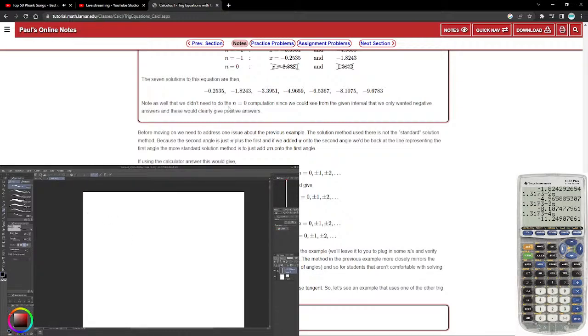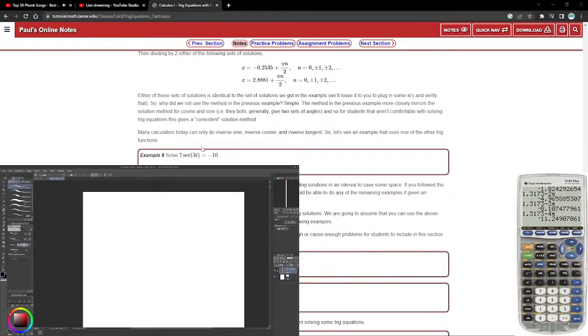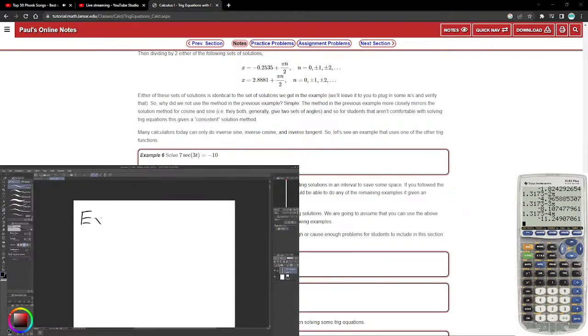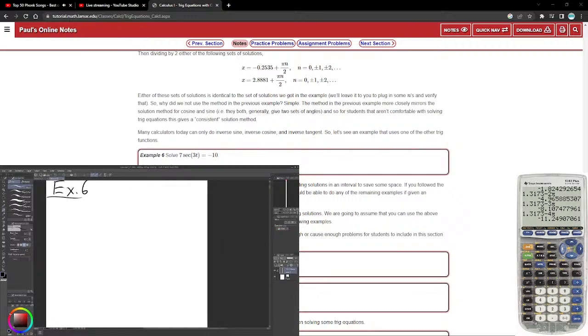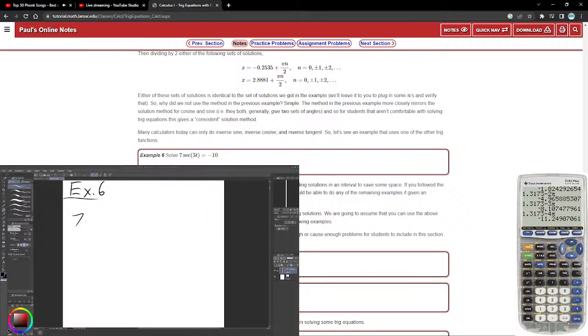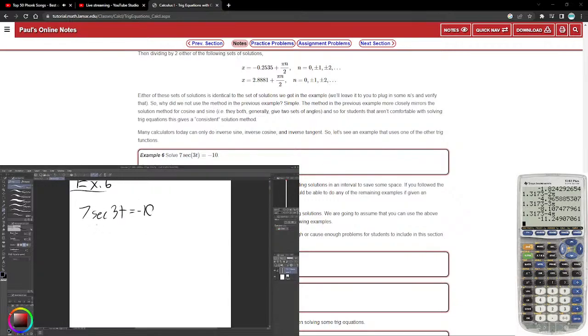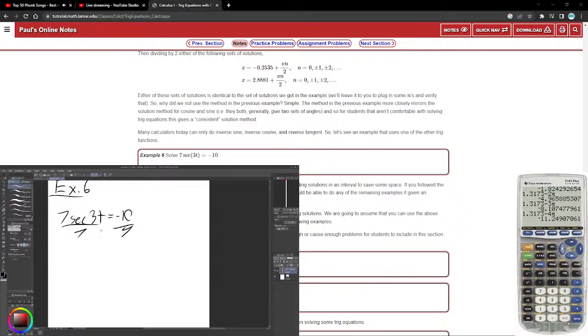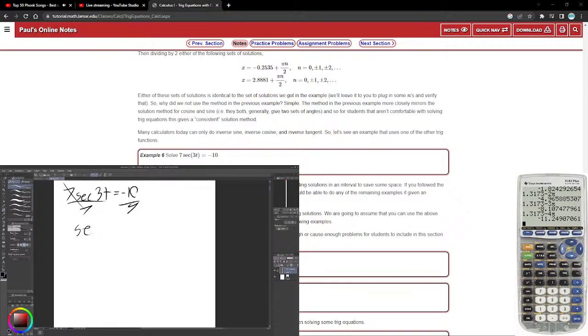Okay, so example 6. Solve 7 secant 3t equals -10. So divide by 7 on both sides. Secant 3t equals -10 over 7.